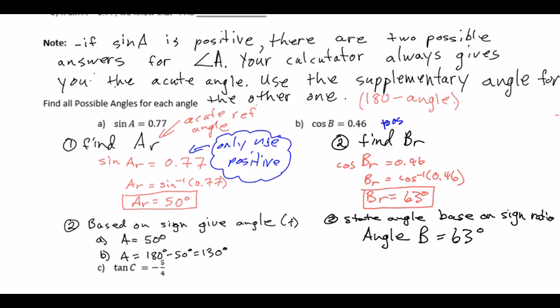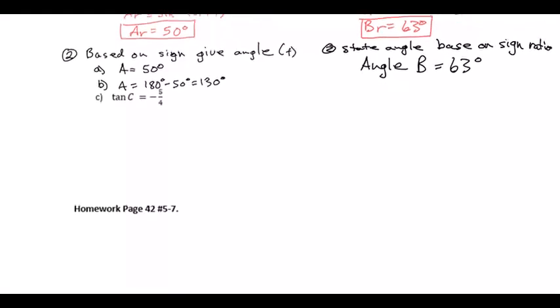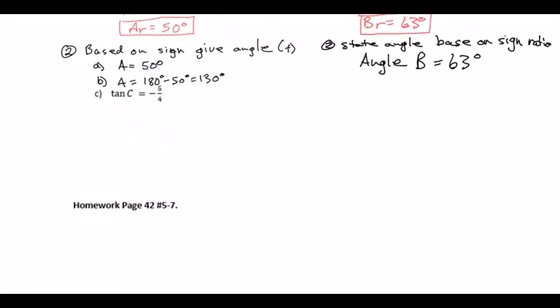Now let's move on to tan of C. We're going to try and find C. So C is identical to what we did before, except this time you'll notice that we have a negative ratio. Because it's negative, we're going to eventually find the obtuse angle. But first, we're going to find CR.